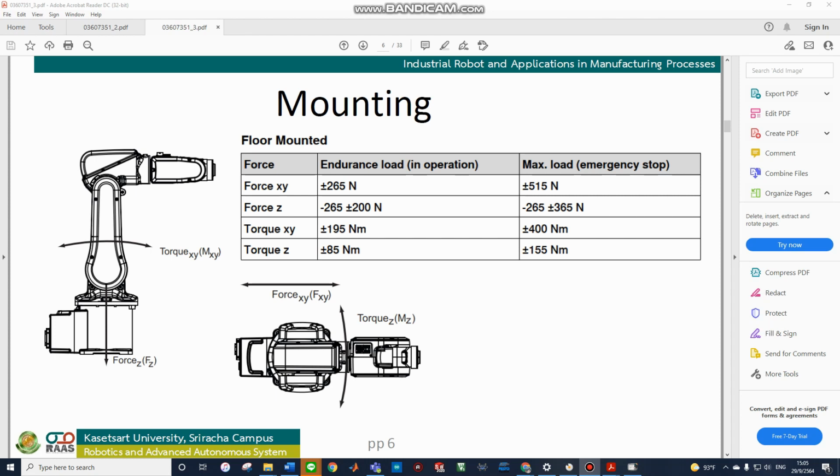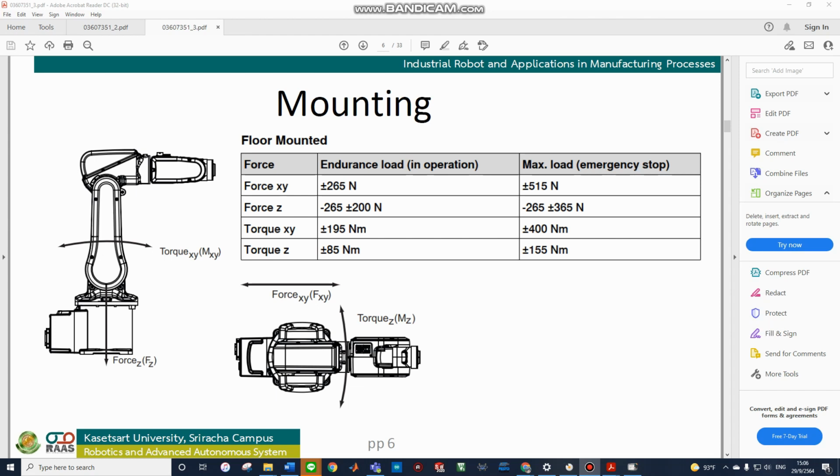The force Z endurance load is minus 265 plus or minus 200 Newton. The max load is the same, and this is 365 Newton.